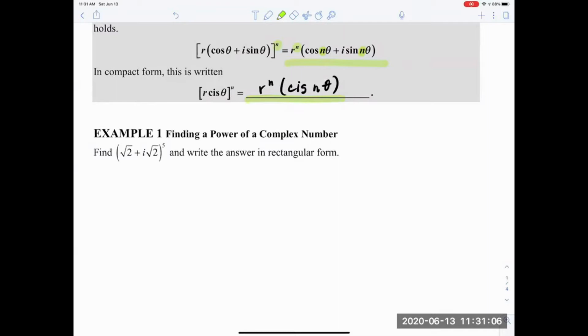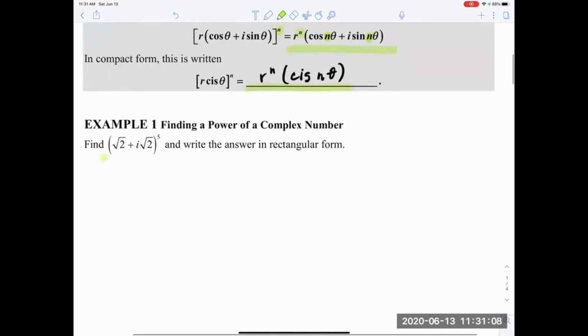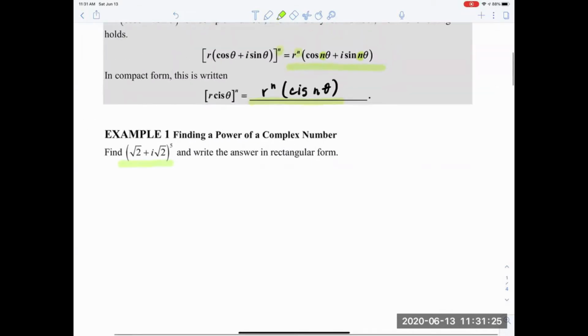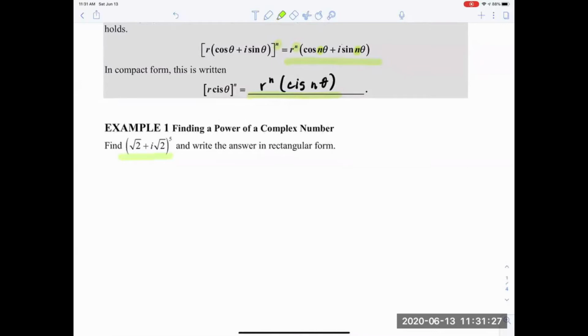All right, so the first one is square root of 2 plus I root 2. So in here, we pretty much have to see how exactly we're going to apply the theorem we just learned. So let's go ahead and see what's missing here. What am I missing here?